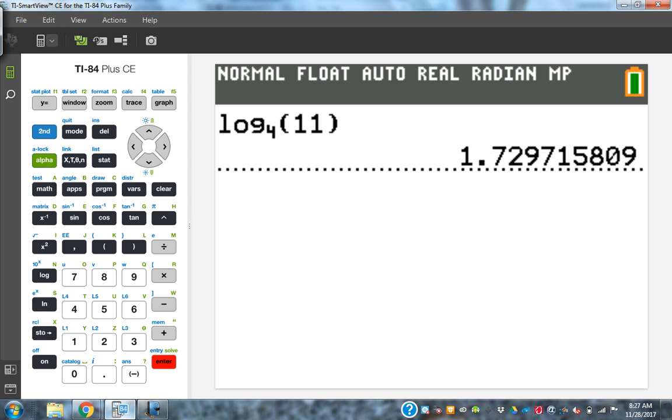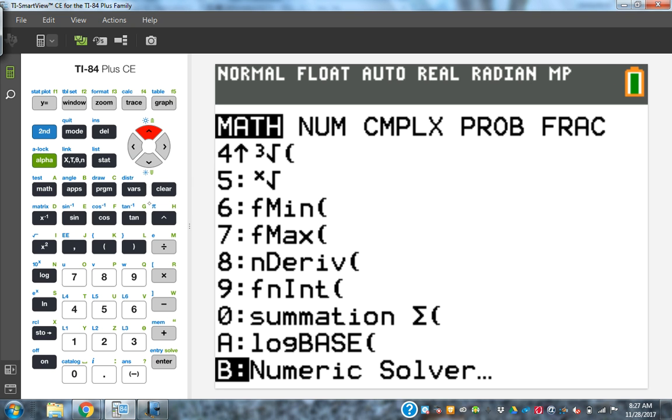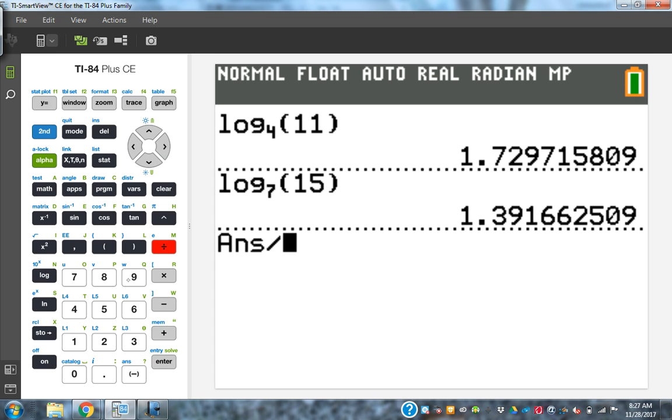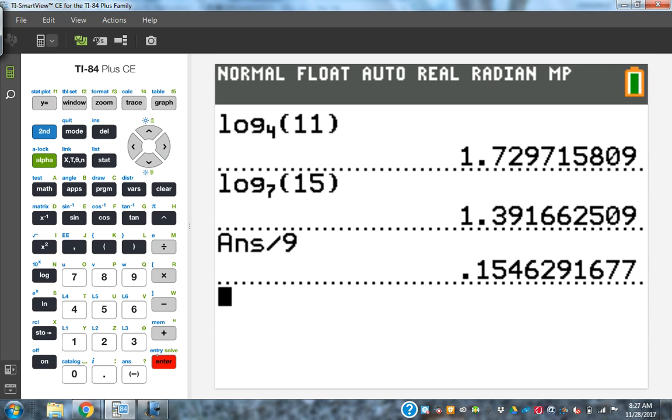So with my calculator, I'm doing math, log base 7 of 15. I'm just going to get that answer and then divide that answer by 9. 0.155.